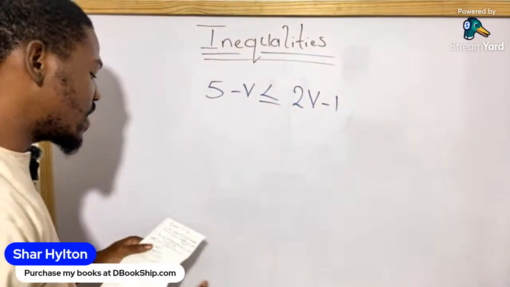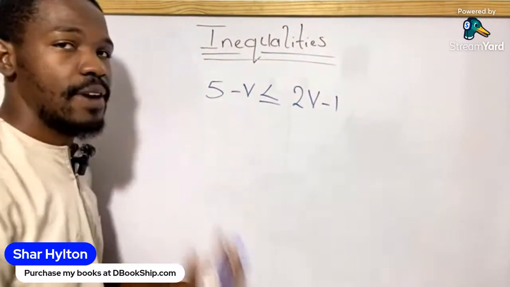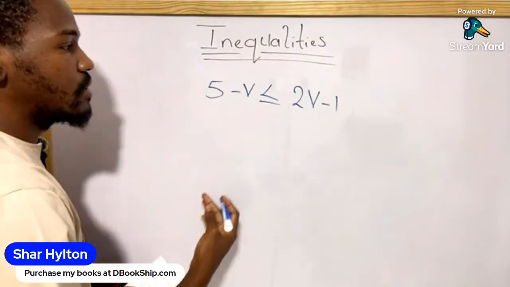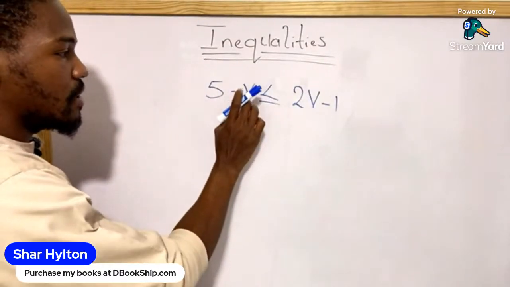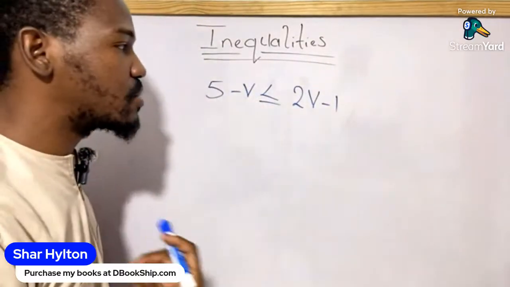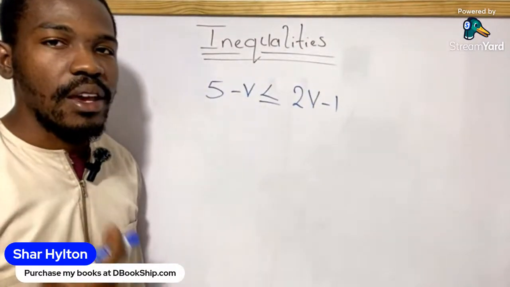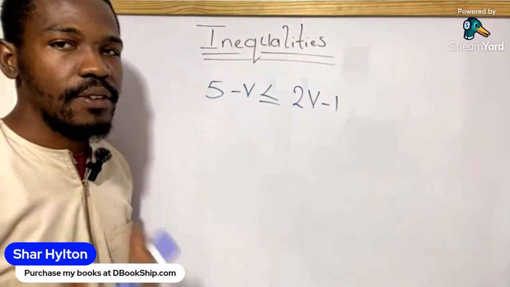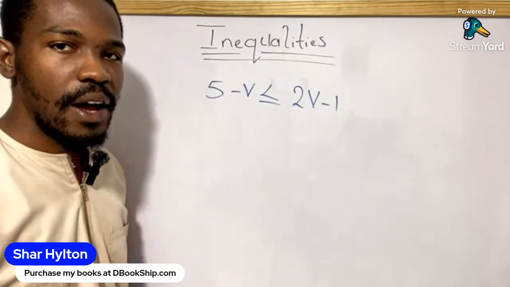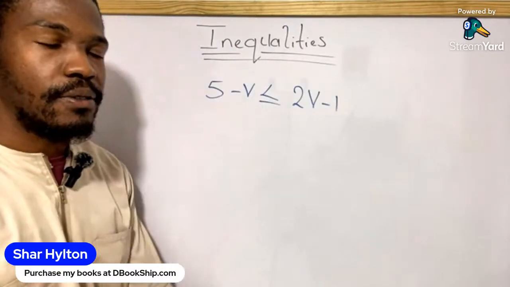So the question is that we're going to find the range of values for v. I just want to reiterate the point that inequalities help you find the range of values of a variable.